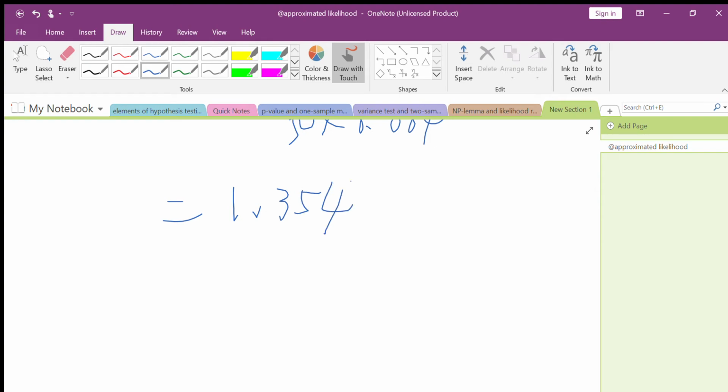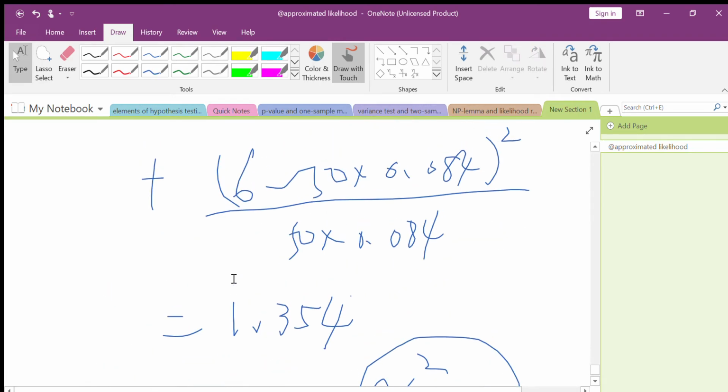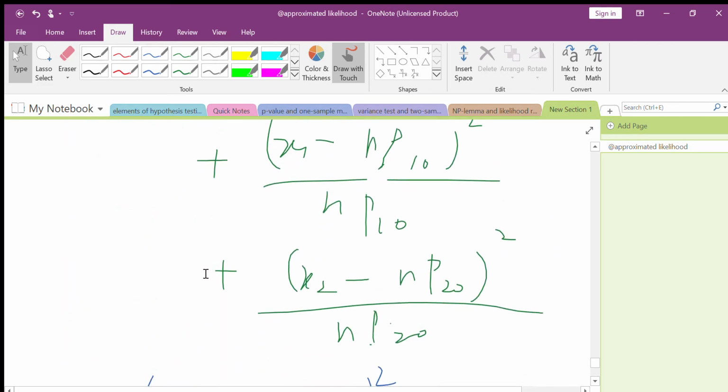and equals 1.354, and compare with the chi-square quantile with the appropriate degrees of freedom at 1 minus alpha. You can check the chi-square table. If it is greater than this one, then we reject H null.